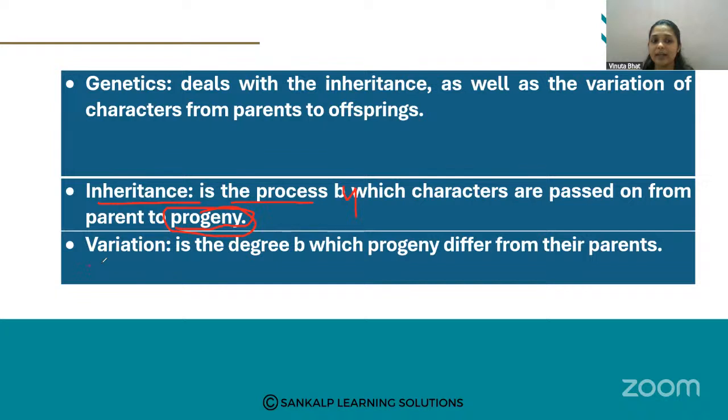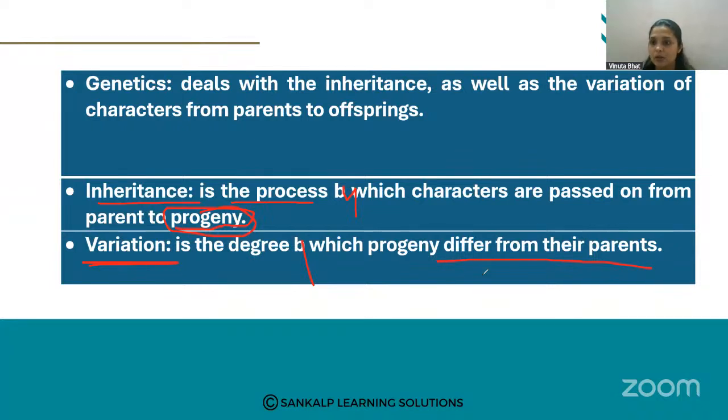Then what is variation? Variation means changes. It is the degree by which progeny differ from their parents. You know that some characters are similar to your parents, but you are not exactly similar to your parents, right? Are you exactly similar to your parents?